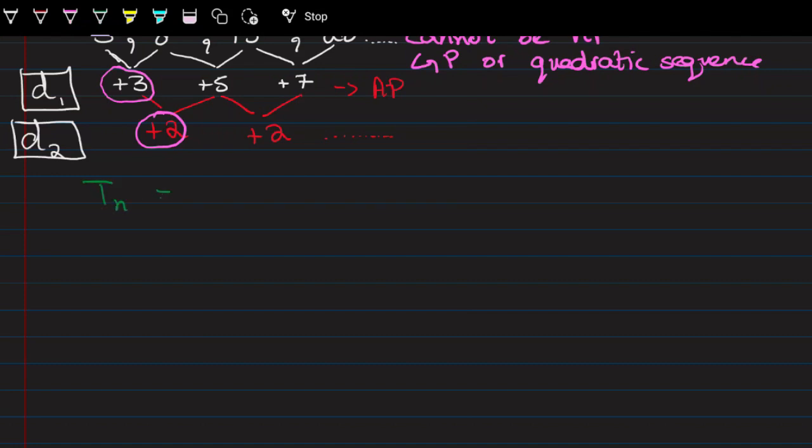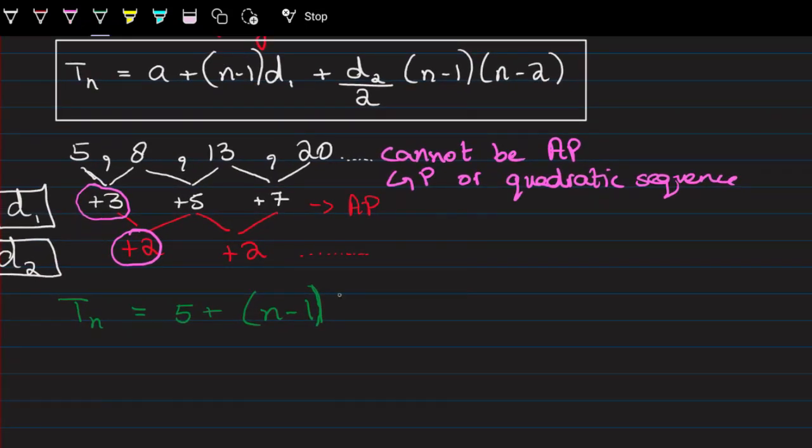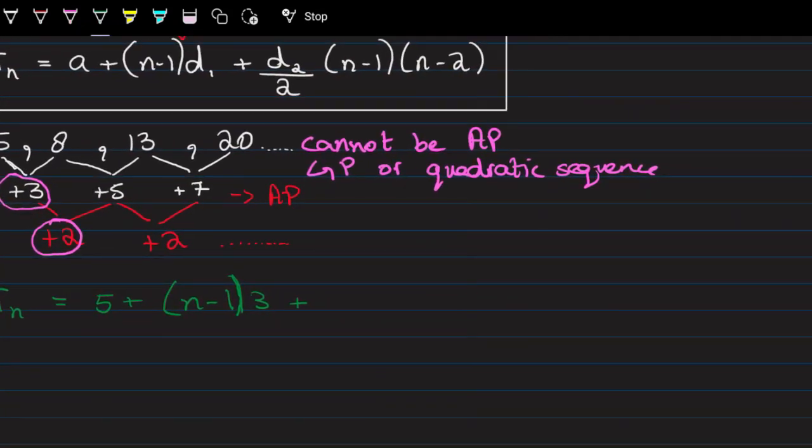So t of n is equal to a, which is 5 because 5 is the first term, into 5 plus n minus 1, and d1 is positive 3, so 3, plus d2 is 2. So in d1 you can see that the difference is different, but you're going to use the first difference between the first two terms, okay?